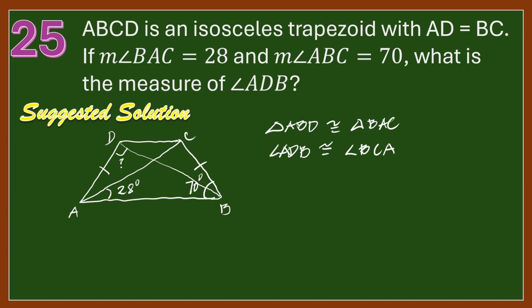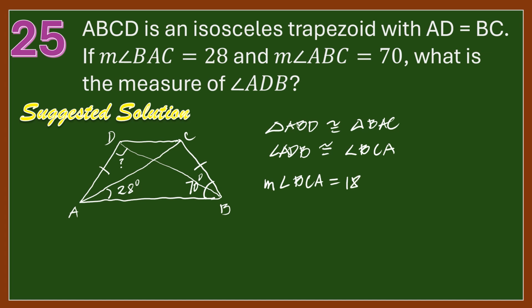Since angle BAC is 28 and angle ABC is 70, we can get the measure of angle BCA by subtracting the sum of these two angles from 180 degrees. The sum of the interior angles in a triangle is 180 degrees.